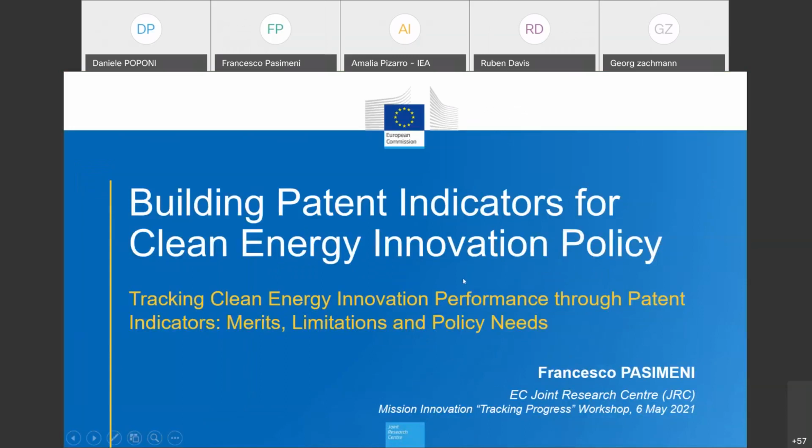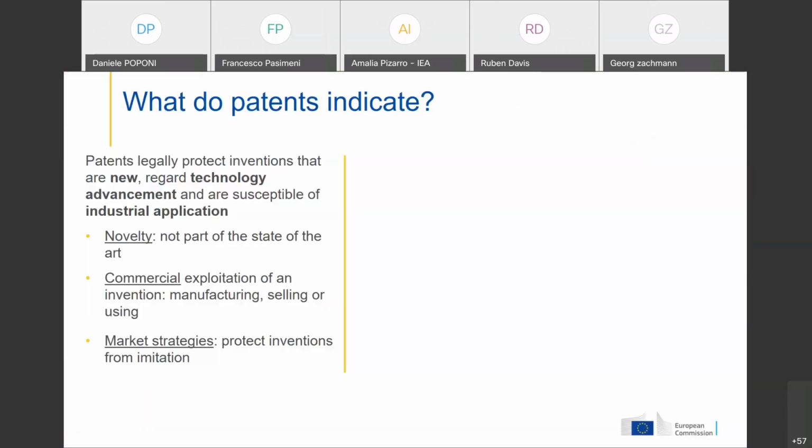Today I present the methodology that the JRC uses in order to build patent indicators for clean energy innovation policy. I start by saying that we all know that patents protect inventions that are new, that concern technology development, and may have industrial application.